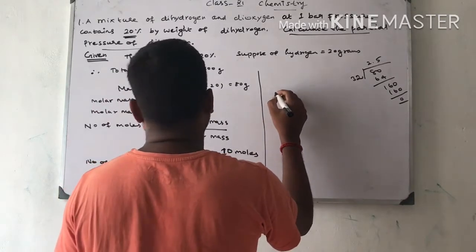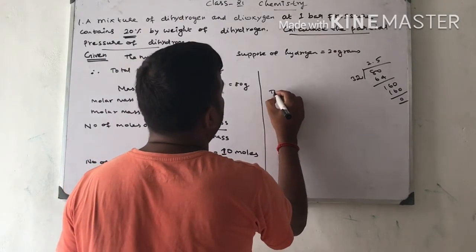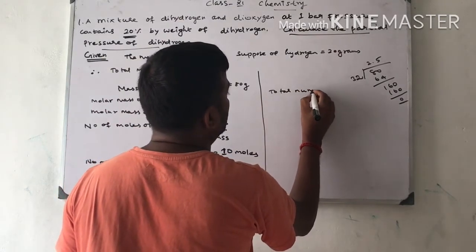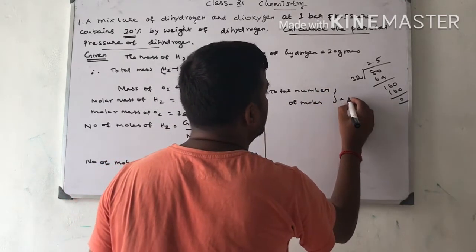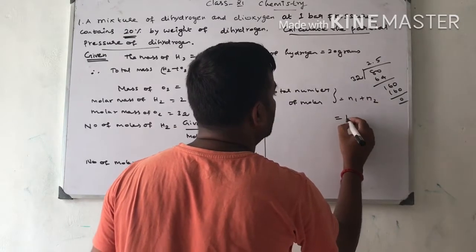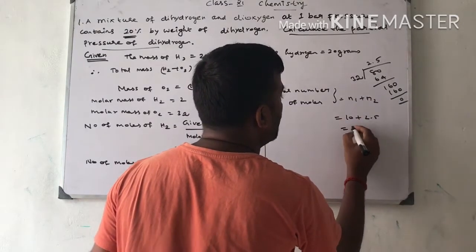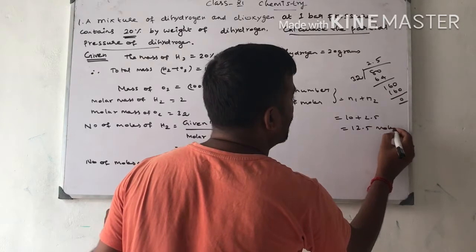Then total number of moles equals N1 plus N2, which is equal to 10 plus 2.5, equal to 12.5 moles.